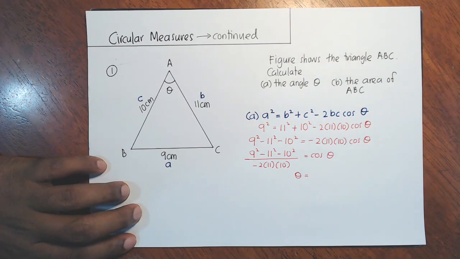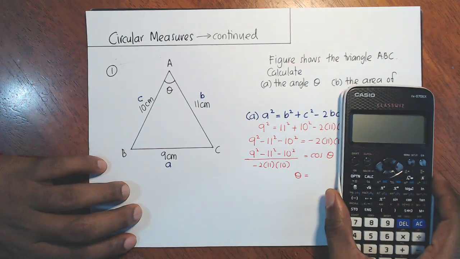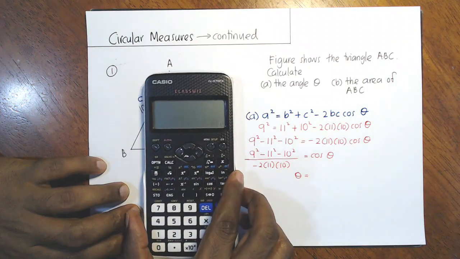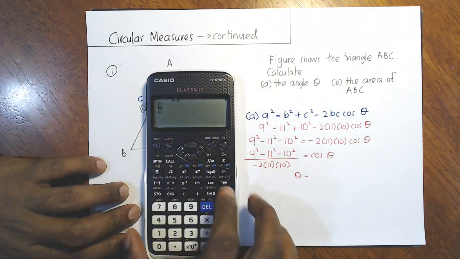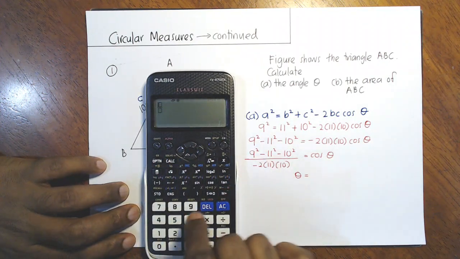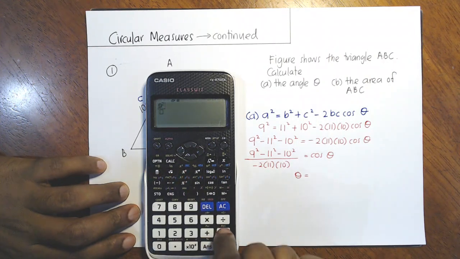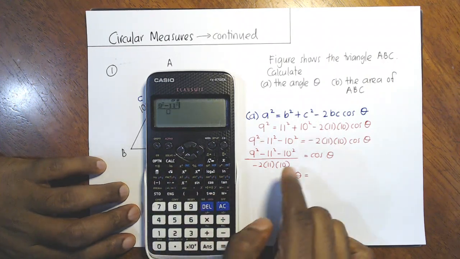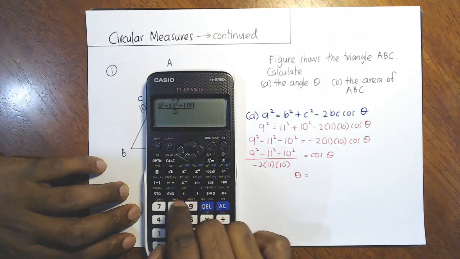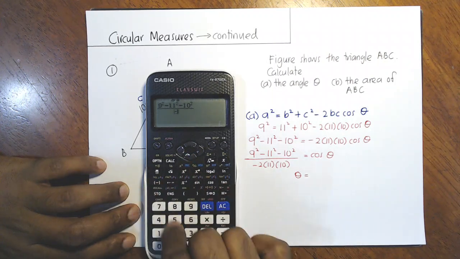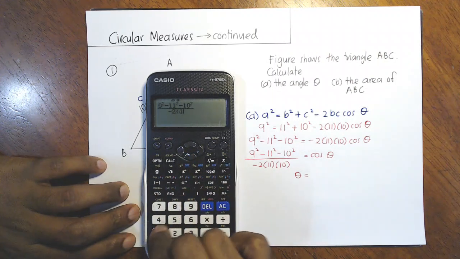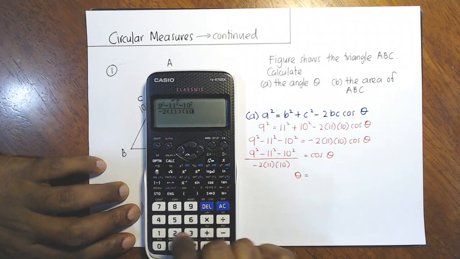Let's see. So open up fractions. So 9 square minus 11 square minus 10 square. Go down, negative 2 times 11 times 10. You press equals to.